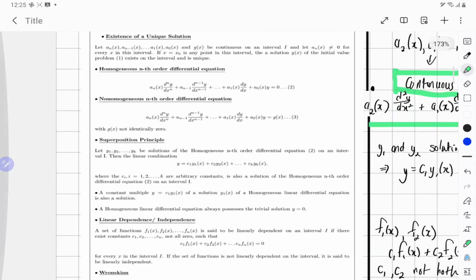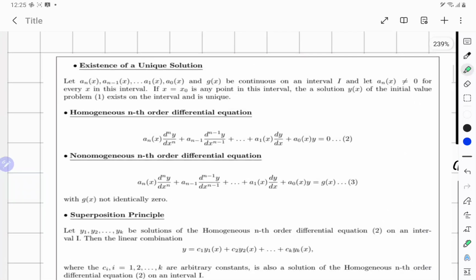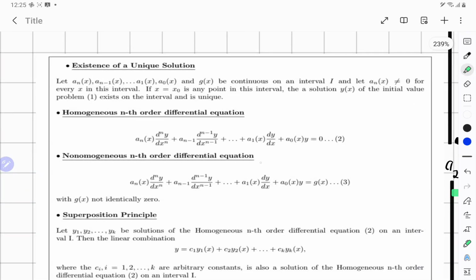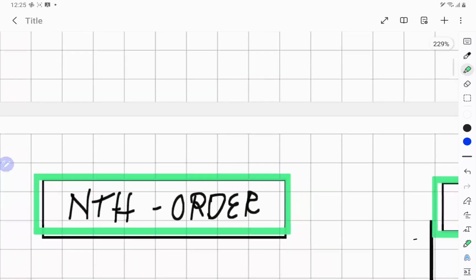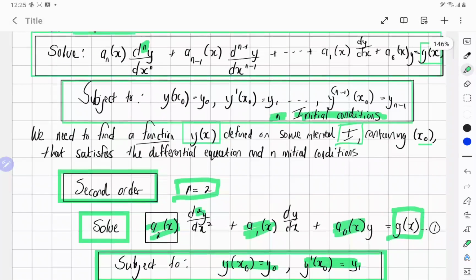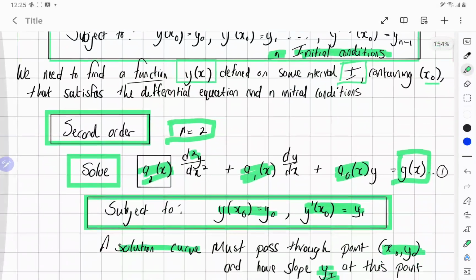When we're going to do nth order, what is important now? So if I go back to my nth order differential equation, let's look at all my coefficients. It's a_n(x), a_(n-1)(x), up to a_0(x).